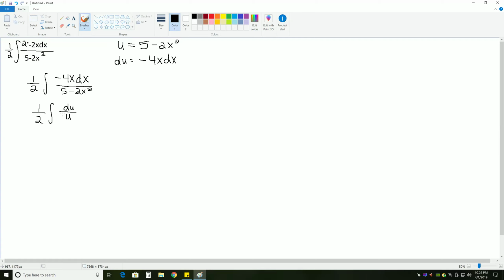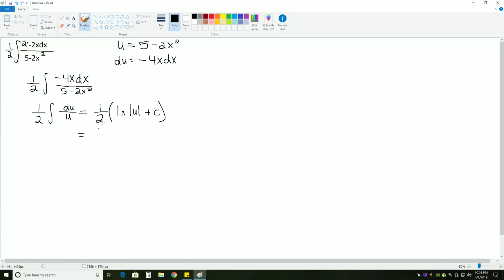And now with that, the integral of du over u is one of our most common integrals. We get 1/2, which is what was on the outside of our integral, times the antiderivative of du over u, which is the natural log of the absolute value of u plus c.